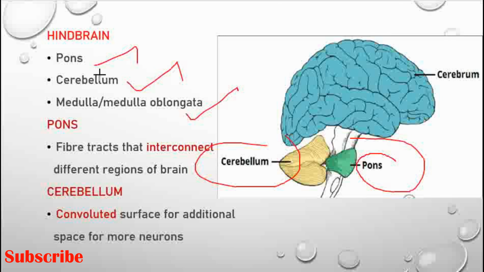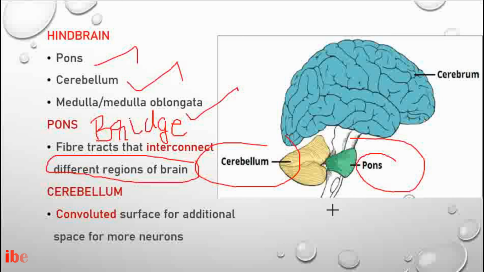Coming to the pons, it is a fiber tract. Pons in Latin means a bridge. In structure it acts as a bridge only. So it is fiber tracts that interconnect different regions of the brain. It is a specific section of the brain formed by the rounded prominence on the frontal surface of the brain stem.